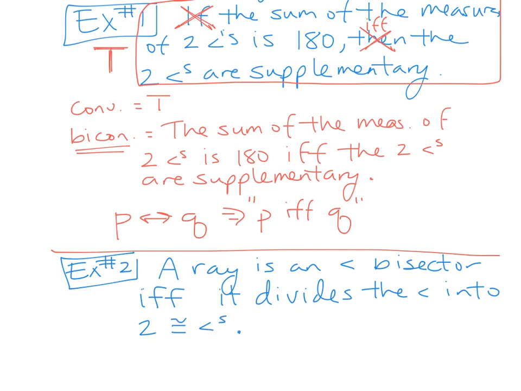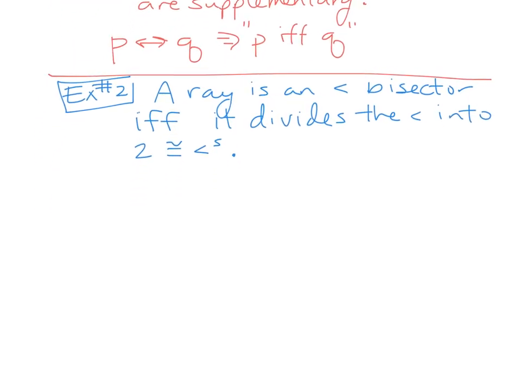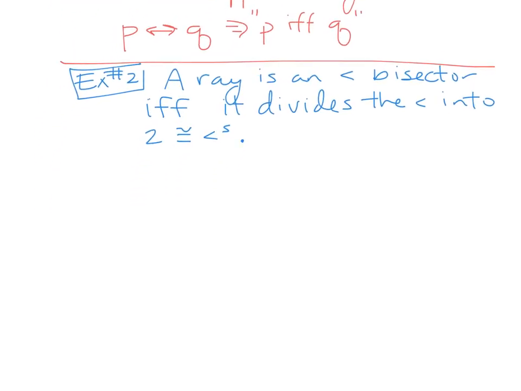Okay, so now I'm giving you the biconditional, and you should be able to tell me the conditional and its converse, okay? So now you're going to take out the if and only if, and you're going to put in the if and the then, okay?